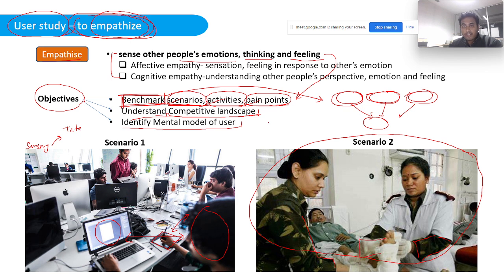So this set of activities, this scenario, and the pain points while doing this may differ from a normal government hospital. That's why you need to benchmark. Now you need to understand what the competitive landscape is. That means for this particular set of activities, what are the various solutions available.